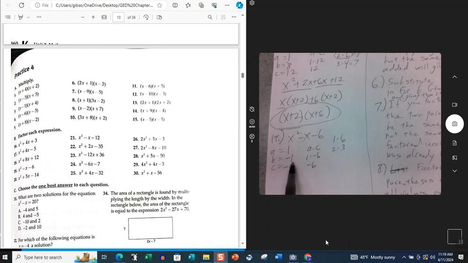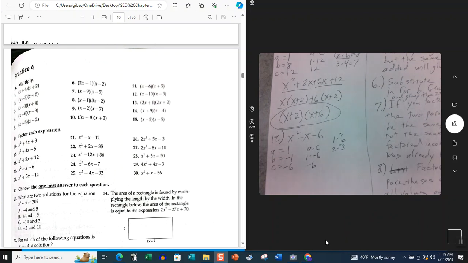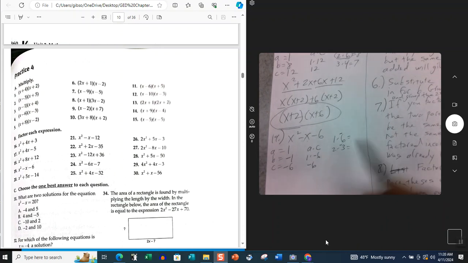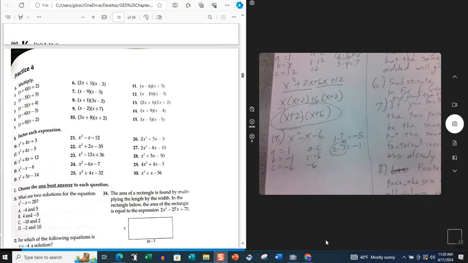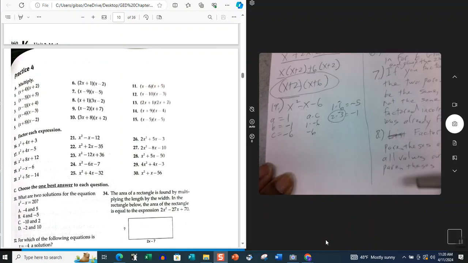But if B is negative, that means the larger number would be negative. And since B is negative here, that means that the 6 would be negative and the 3 would be negative. So 1 times negative 6 is negative 6, and 2 times negative 3 is negative 6. But added together, 1 plus a negative 6 is negative 5, and 2 plus a negative 3 is negative 1. So 2 and negative 3 are our two factors that we will use.